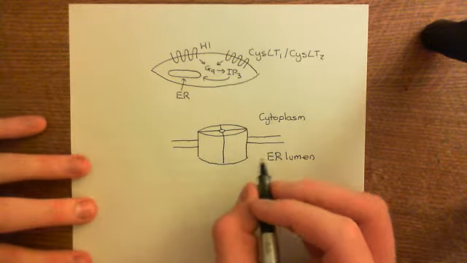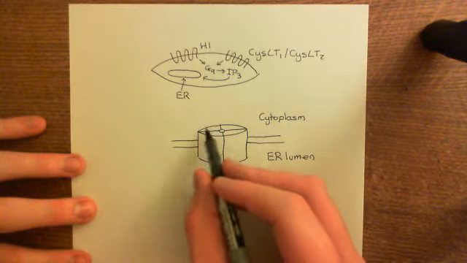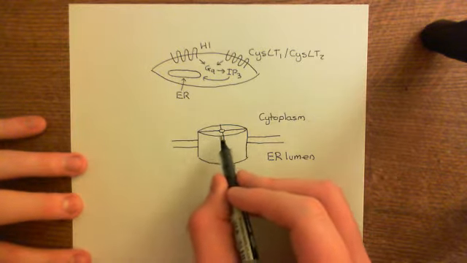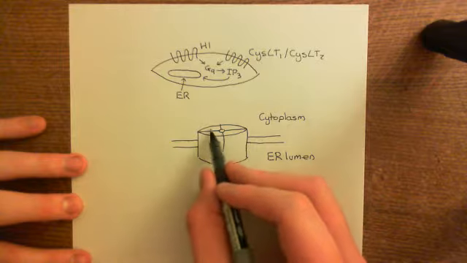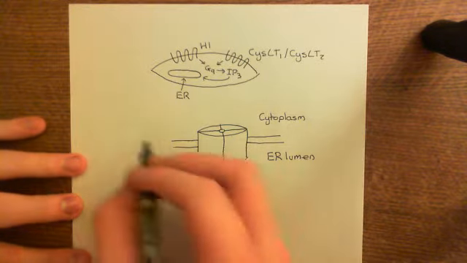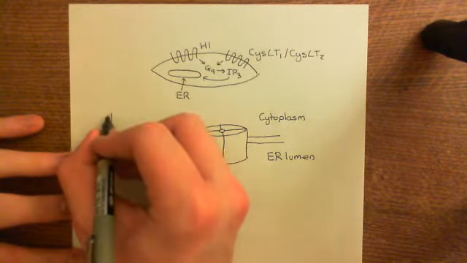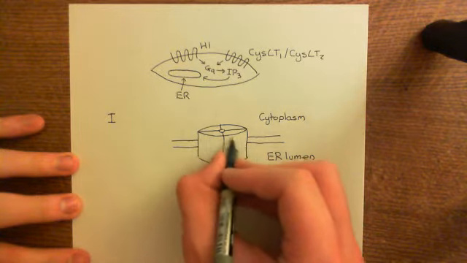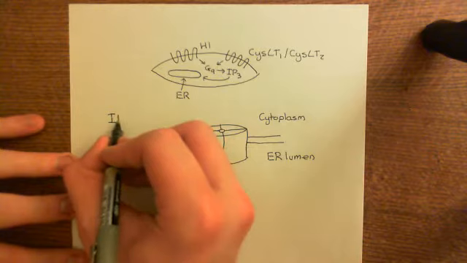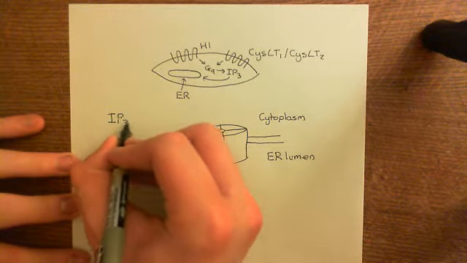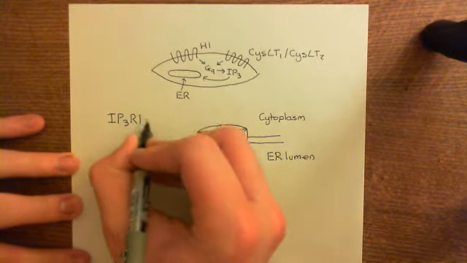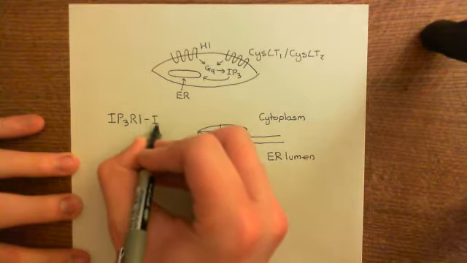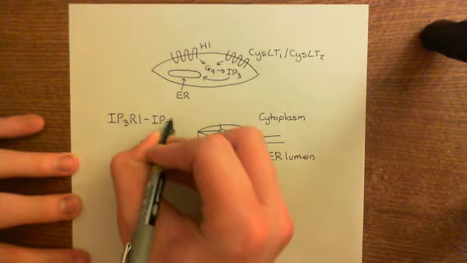Okay, right, so the IP3 receptor itself is again a tetramer. It's made of 4 separate proteins glued together. Now there are 3 separate genes which can code for a subunit of the IP3 receptor. So there is the IP3 receptor gene 1 all the way up to the IP3 receptor gene 3.